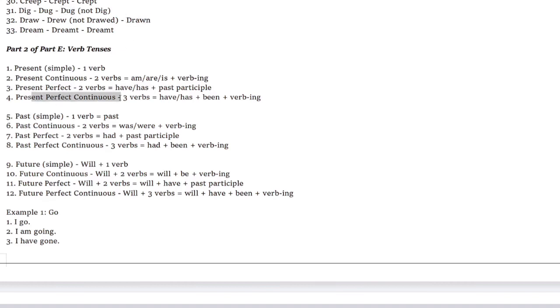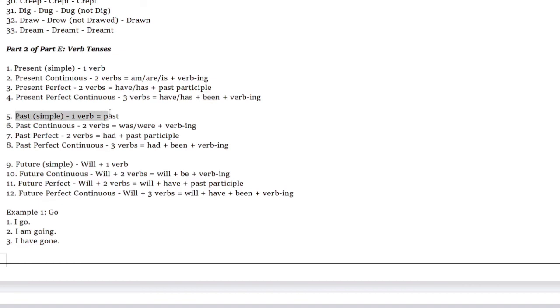Present perfect continuous has three verbs, that is have or has, been, and the present participle. So wherever there is continuous tense, you have to use the present participle. Wherever there is perfect, you have to use the past participle. However, in perfect continuous, you have to add been, that is the past participle of the verb to be.